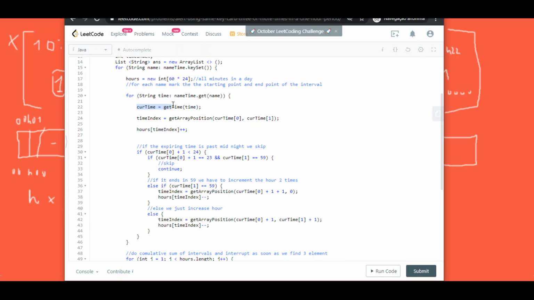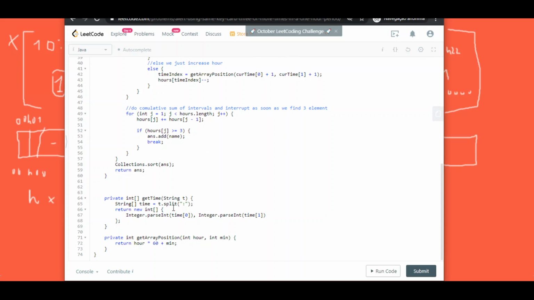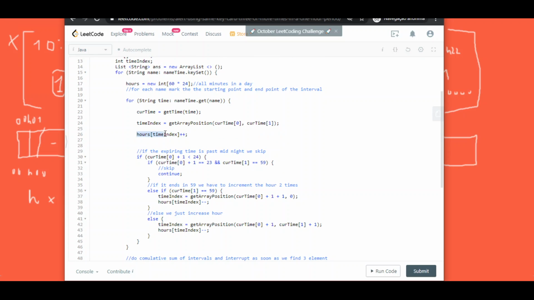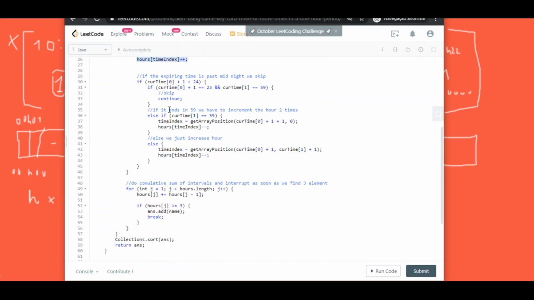So we parse the time into an array that has hours and minutes. Then from here we get the array position by doing the math that we talked about before. Then we increase the starting time, and then we are going to find what is the end time.